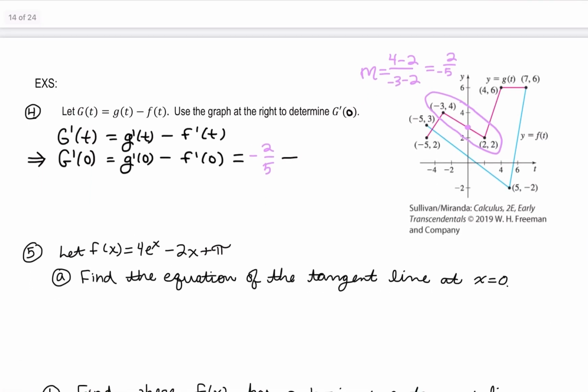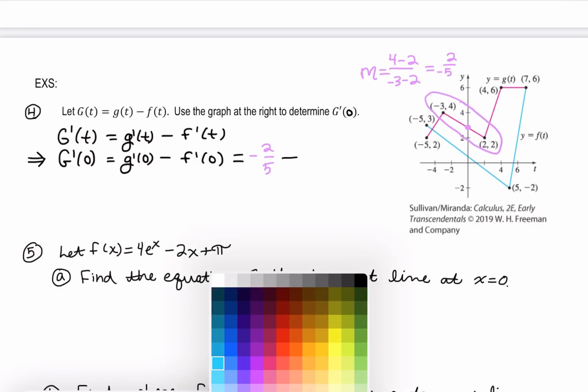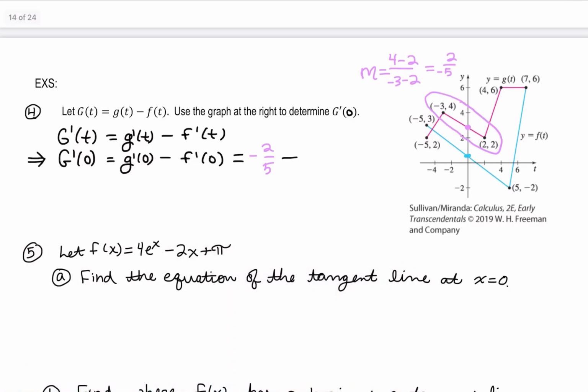All right, so now we want to do something similar here, and we're looking now at f, trying to figure out f prime at 0. Again, this is a linear segment here.